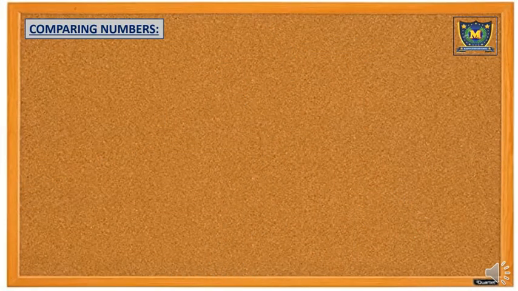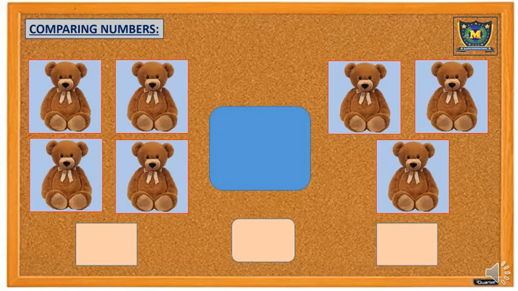And now, let us compare objects using the symbol of greater than, equal to, and lesser than. So this is the picture. We have here a picture of a teddy bear. On the left side, we have here 4 teddy bears. And on the right side, we have here 3 teddy bears. Now let us compare these 4 teddy bears to 3 teddy bears.